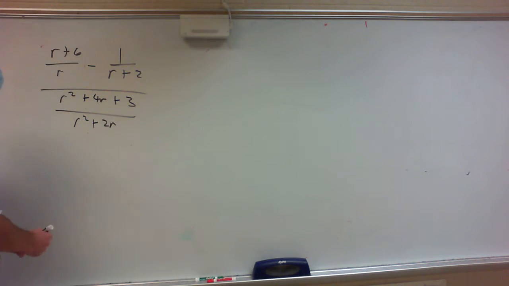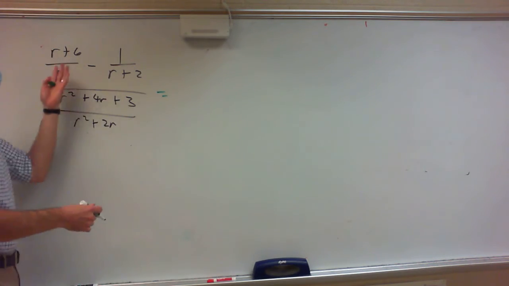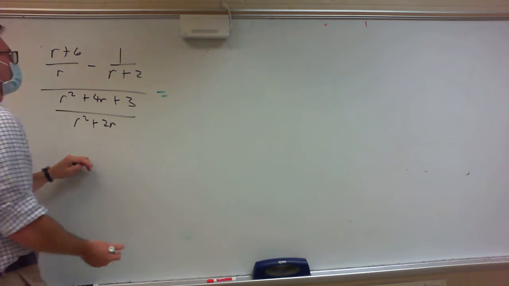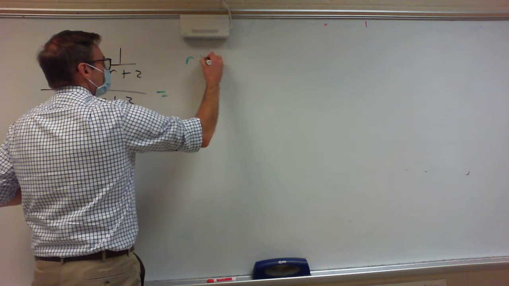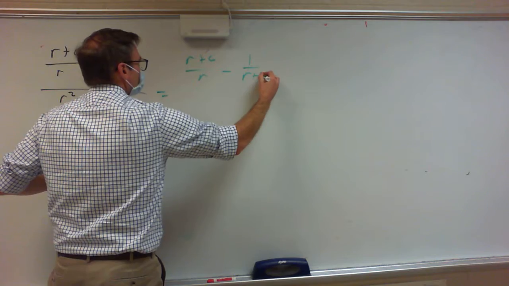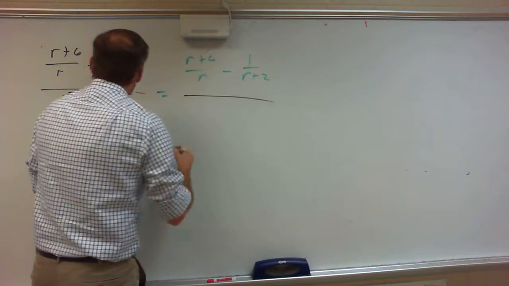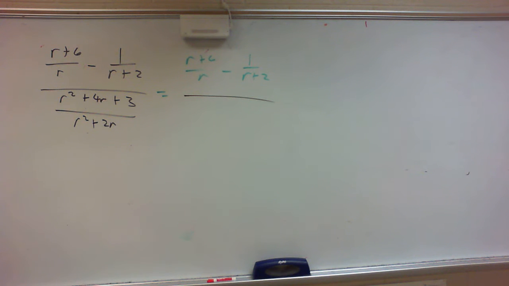We factor, all right? Well, when I look at this, I can't do a whole lot with the top, so I'm just going to write that as r plus 6 over r minus 1 over r plus 2. But when I look at this, I can factor.